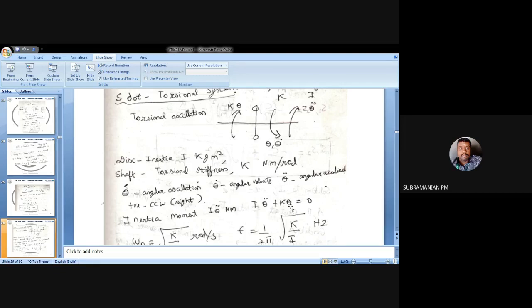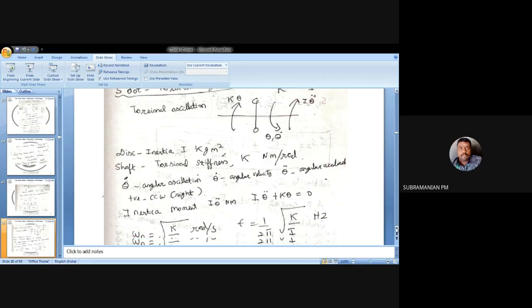So in the equation, instead of writing m x double dot, you can replace m by I. So I theta double dot. So here it will be an angular displacement. You are putting theta double dot plus k, that is the torsional stiffness, into the angular displacement. So the equation will be like this for the torsional system.